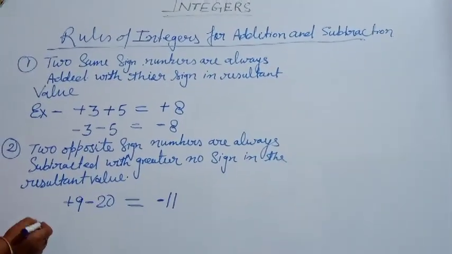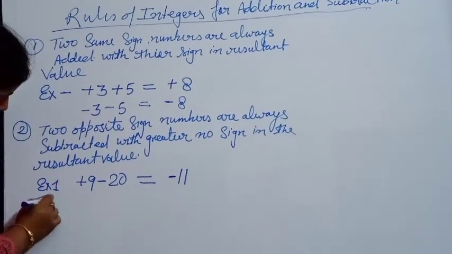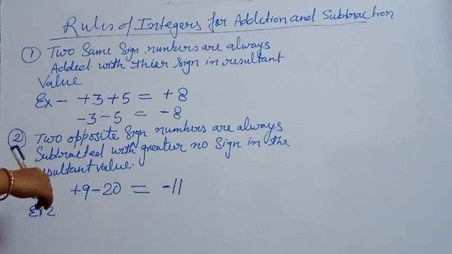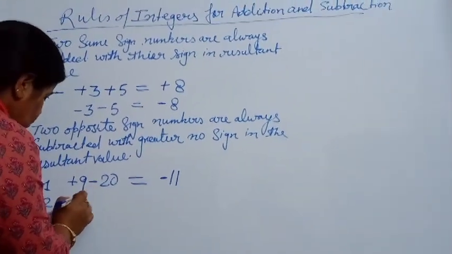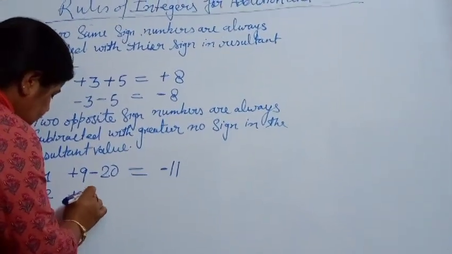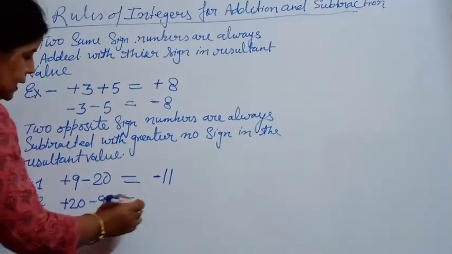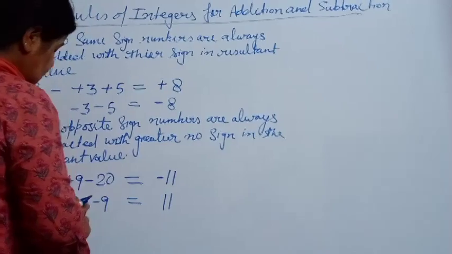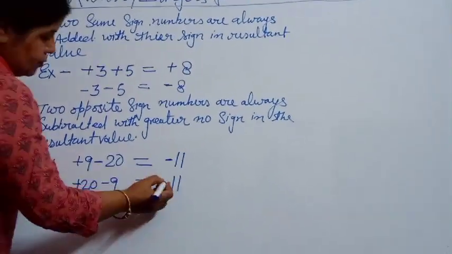Now see that again, example number 1 or example number 2. Now suppose I am replacing the values in such a way. This time, plus 20 and minus 9. Again subtract them. 20 minus 9, 11. Which one is greater? Plus. The plus sign has the greater value, so plus will come.